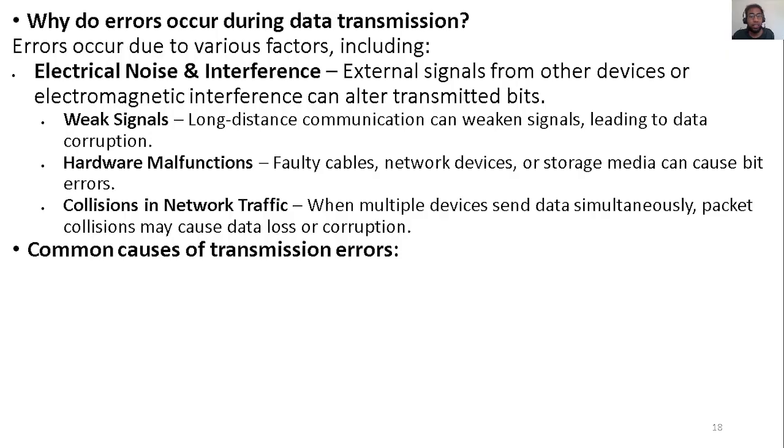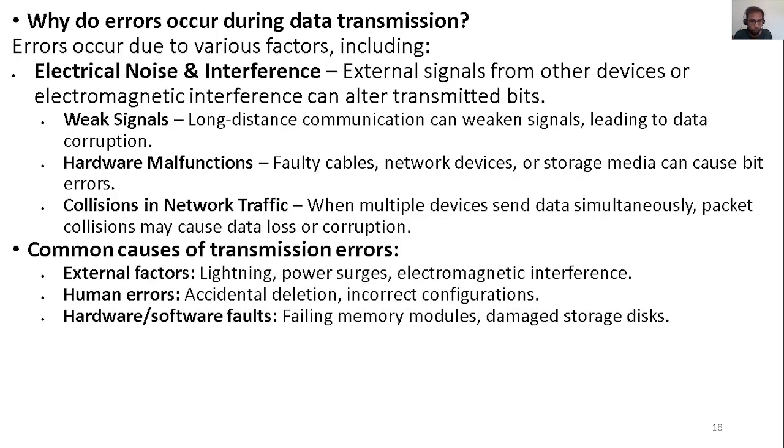Then there are weak signals. Long distance communication can weaken signals, leading to data corruption. Hardware malfunctions, faulty cables, and network devices may cause errors. These are basically communication mediums. Collision in network traffic: when multiple devices send data simultaneously, packet collisions may cause data loss or corruption.